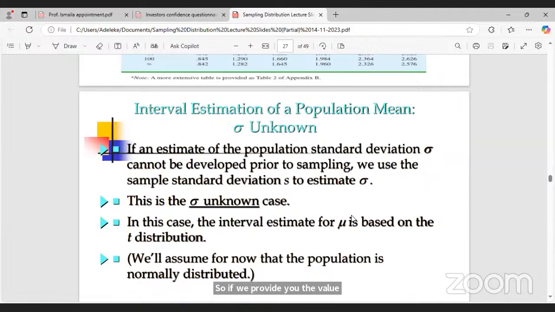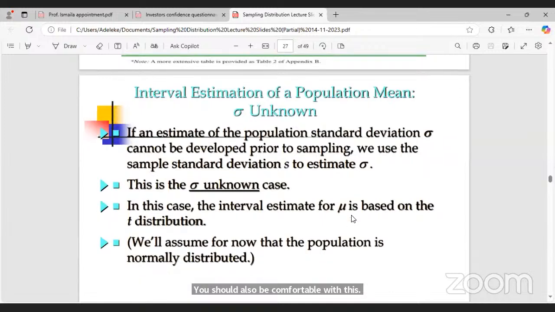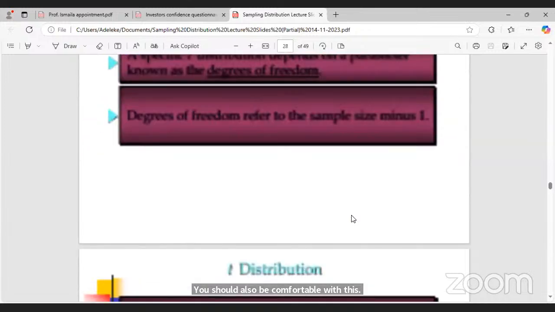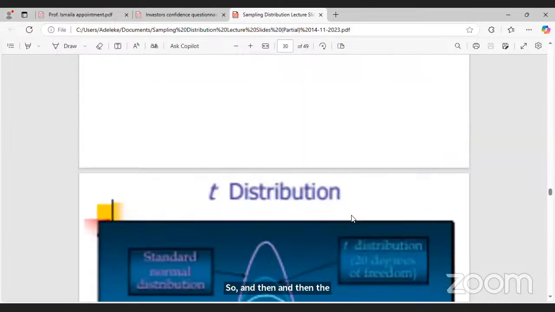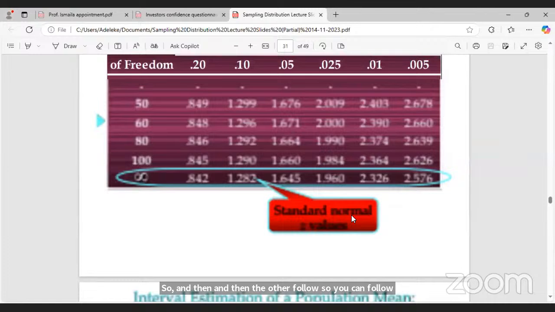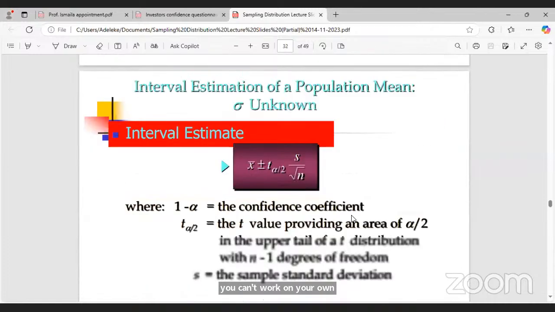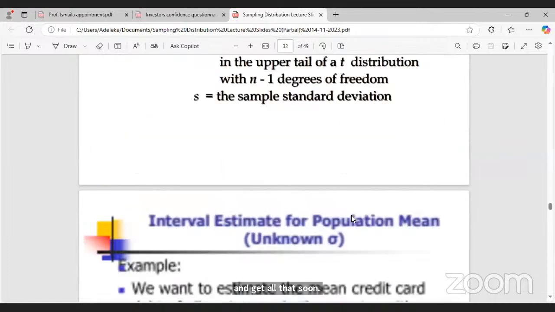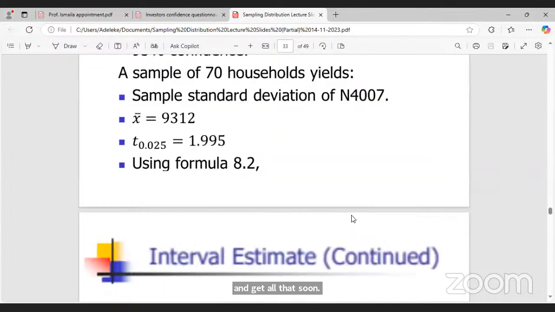If we ask you to check the table yourself, you should also be comfortable with it. So you can work on your own and get others, as presented in the material that you have.